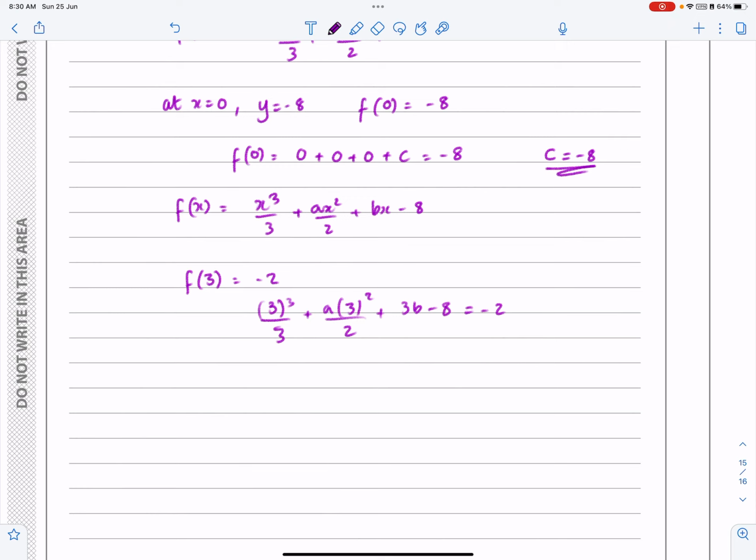So that's going to be an equation: 9 plus 9a over 2 plus 3b minus 8 equals -2. So that's going to give me 9a over 2 plus 3b is equal to -2 minus 9 plus 8, which is -3. That's one of my simultaneous equations. It's going to be a simultaneous equation question.